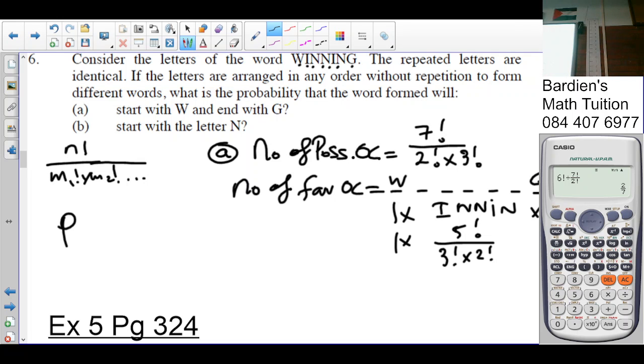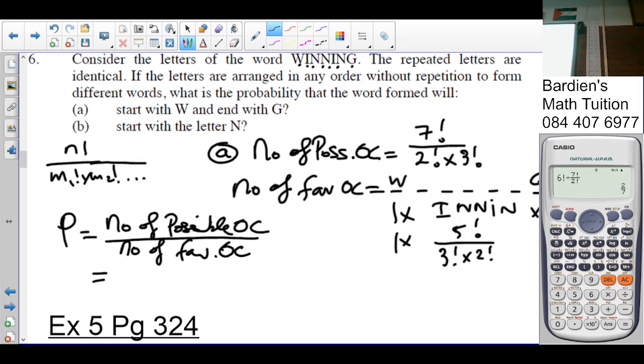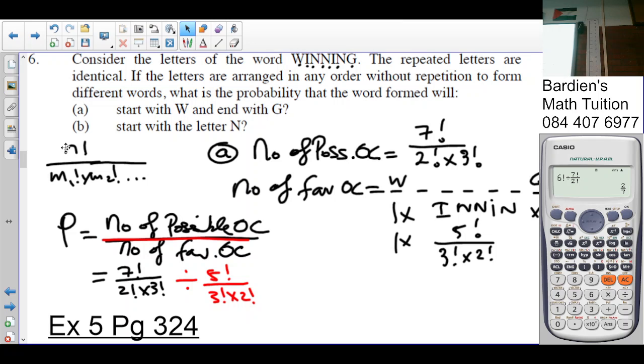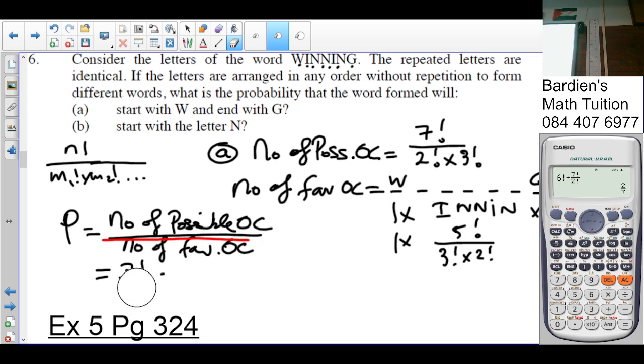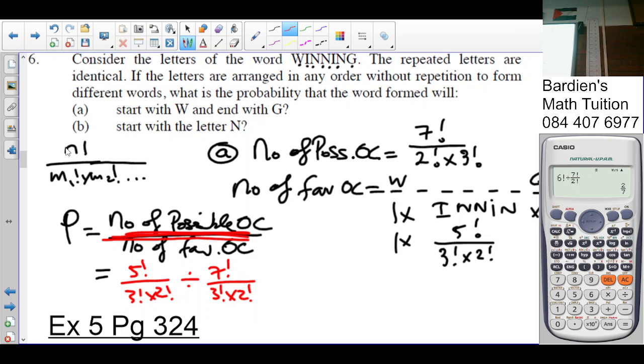So your probability is going to be the number of favorable outcomes over the number of possible outcomes, which is 5 factorial over 3 factorial times 2 factorial, divided by 7 factorial over 3 factorial times 2 factorial. That should give an answer of 1 over 42.